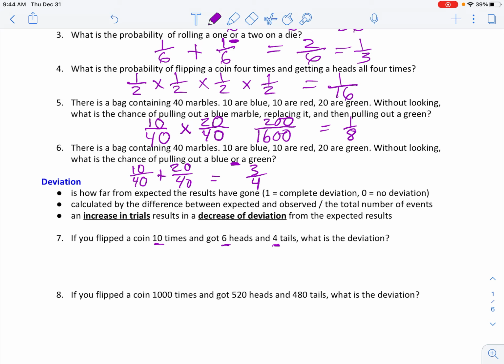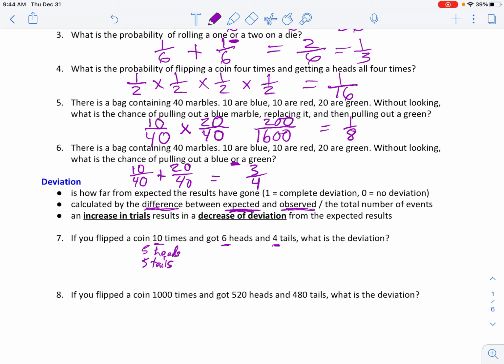What's the deviation? Well, deviation is calculated by the difference between the expected and observed divided by the total number of trials. So I flipped a coin 10 times, so statistically I would expect 5 to be heads, and I would expect 5 to be tails. Okay, well I didn't get that. I got 6 heads and 4 tails.